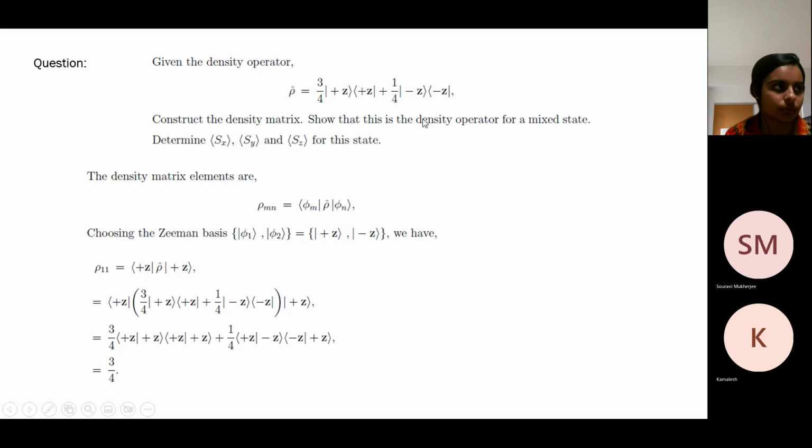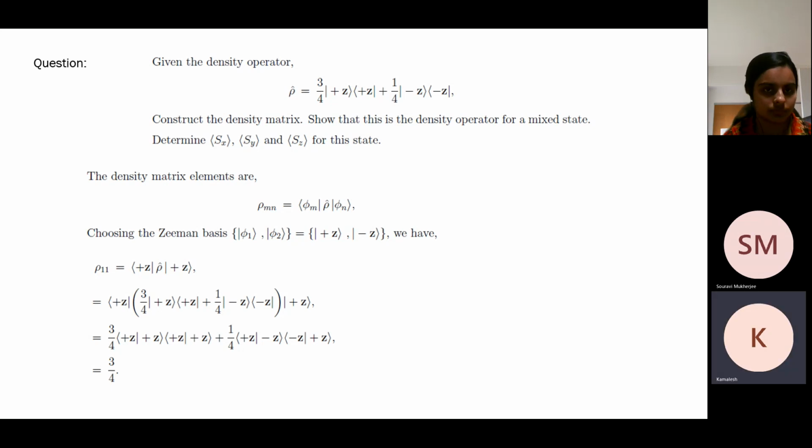What does this tell you? If I say, what does this mean physically, what will you say? It's a mixed state. That's correct. Ma'am, the sum of all the diagonal elements is 1 because the probability is conserved.